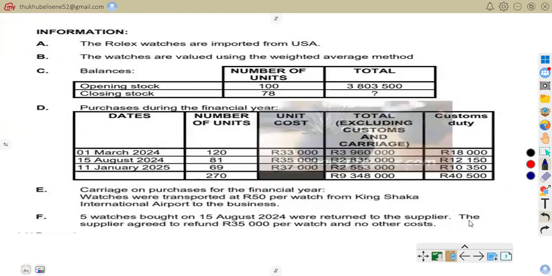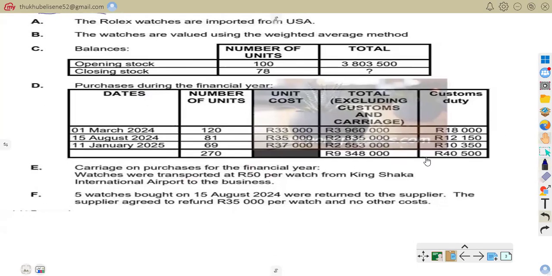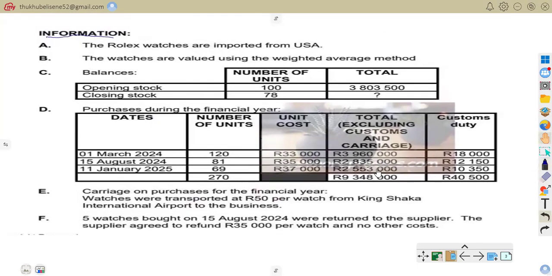So now let us go to our information. Here we are on our information as we have information A up to F. As it says, the Rolex watches are imported from USA. The watches are valued using weighted average method.